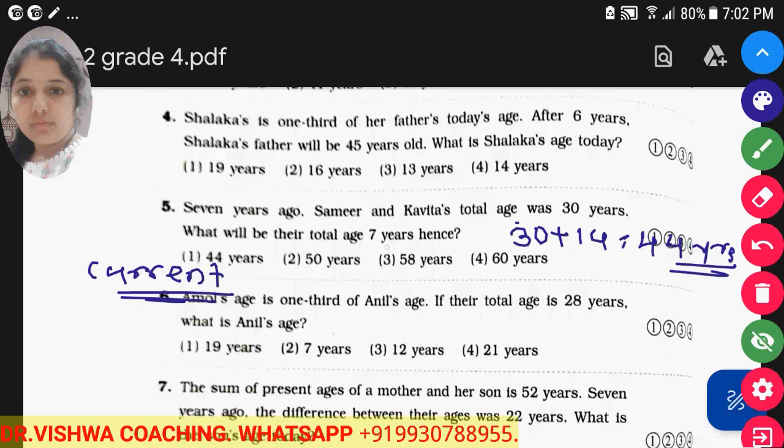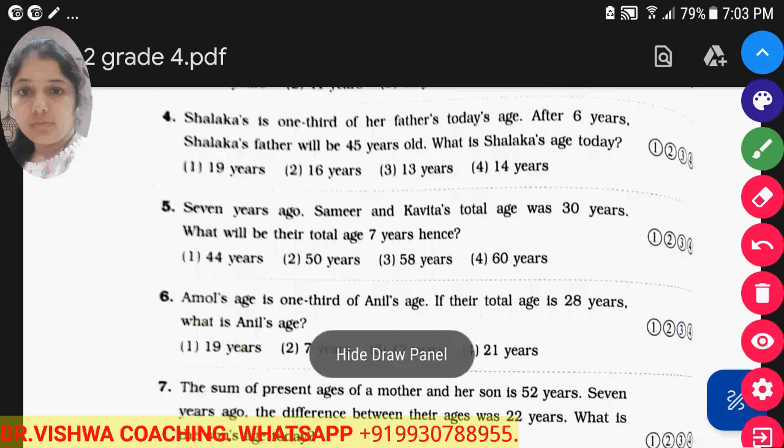Now after 7 years, what will be the total of their ages? So again you have to add 14 to it, so it becomes 58. So what will be the total age of both Samir and Kavita? It is 58 years. Understood or not? Okay.